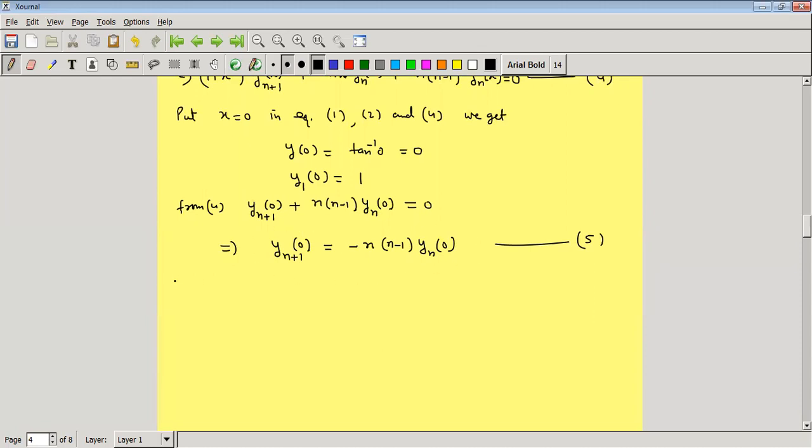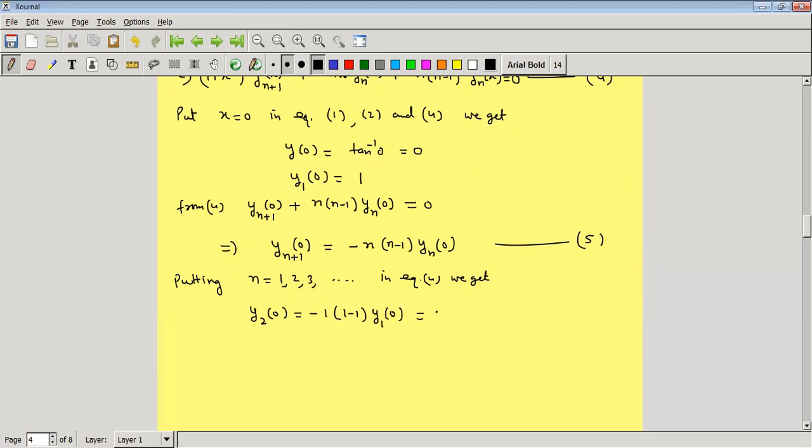Now we have found the value of y(0) and y1(0), but for other values we use this relation. Putting n equal to 1, 2, 3 and so on in equation 4, what do we get? Put n equal to 1, so we get y2 at 0, that is minus 1 into 1 minus 1 into y1(0).